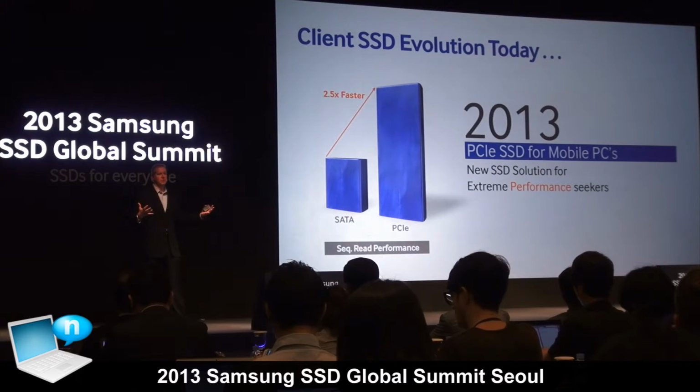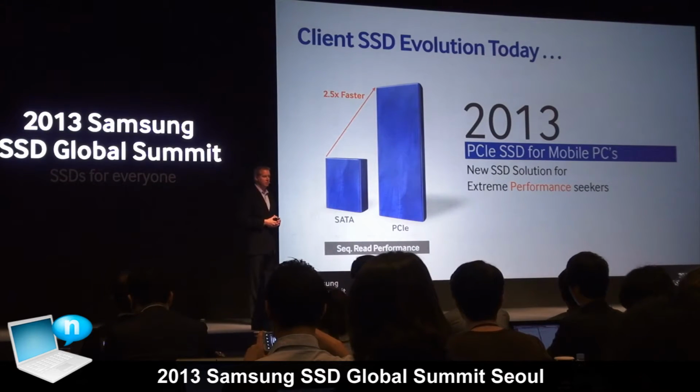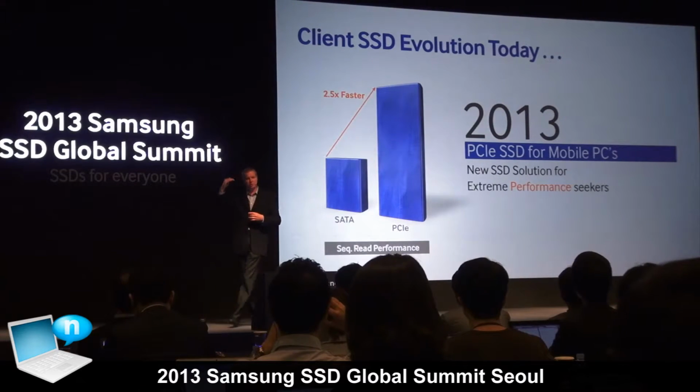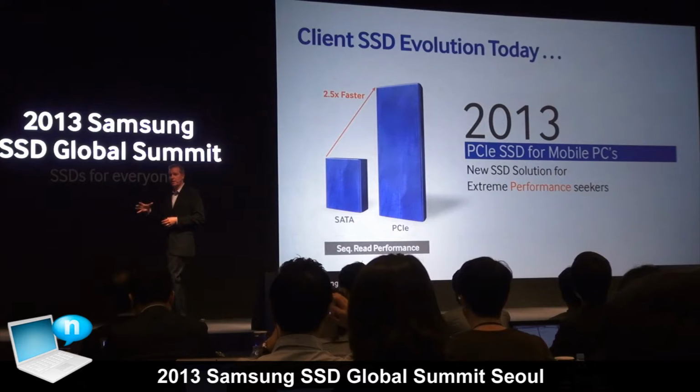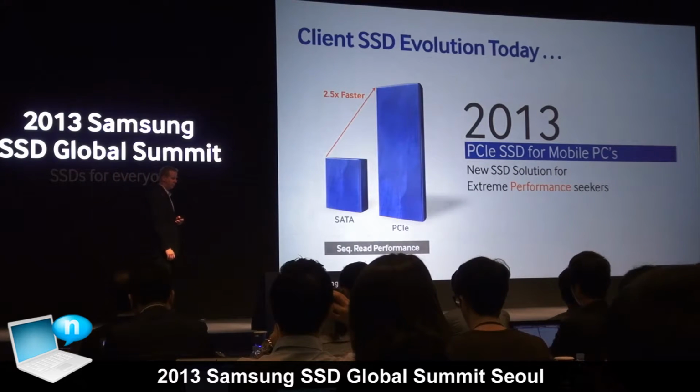So think about the performance you already have with a standard SATA interface SSD. And then think about PCIe, sequential read performance about 2.5 times faster. So again, we're really pushing the envelope in terms of reaching a brand new category of product and end users when we're talking about PCIe.